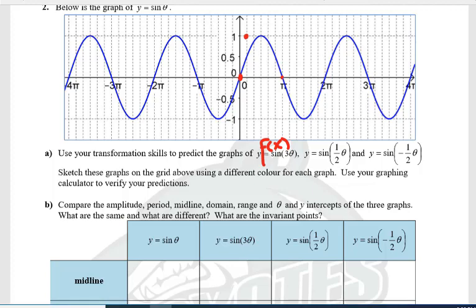Here there's pi comma 0. That's going to be 1/3 of the distance. So 6 grids, 1/3 of that is 2 grids over. So it's going to go up and down all within just one grid on this.